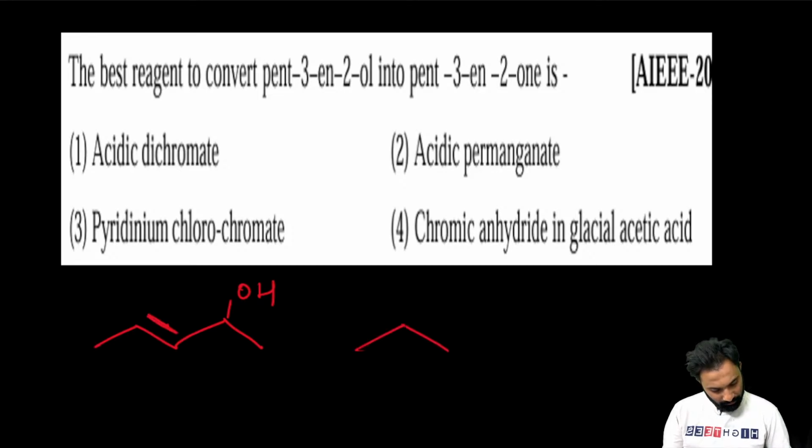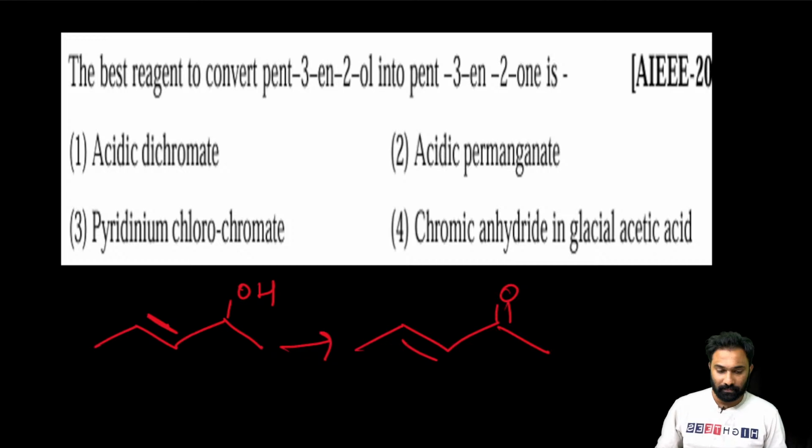Which is the best reagent? Now the answer is C. No, the answer is chromic anhydride in the presence of glacial acetic acid.